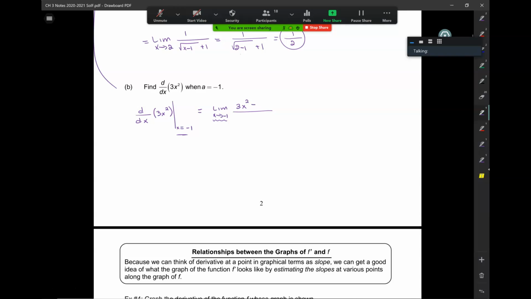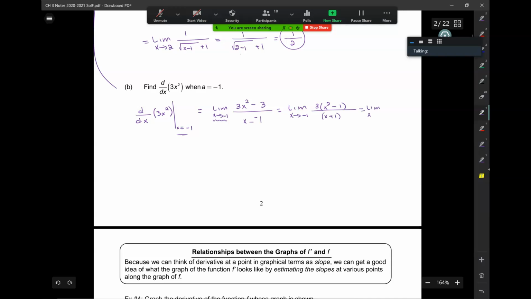So here it's going to be f of x minus f of a. a is -1, so 3 times -1 squared is 3, over x minus -1. Limit as x approaches -1, I'm going to factor out a 3 from the numerator and get x squared minus 1 over x plus 1.